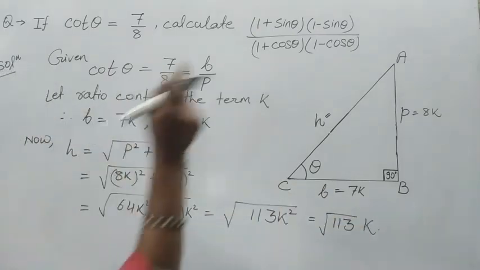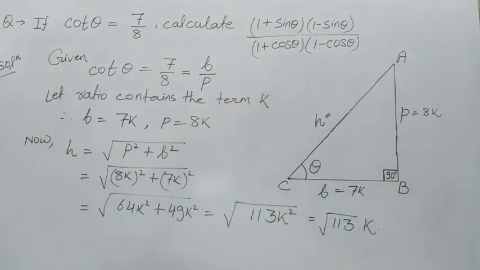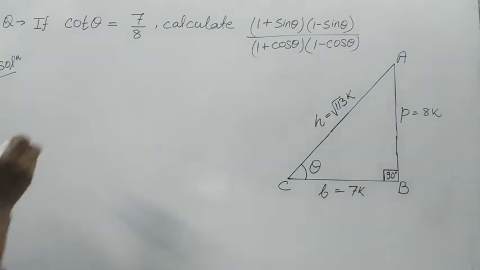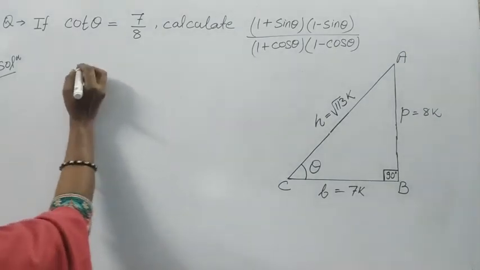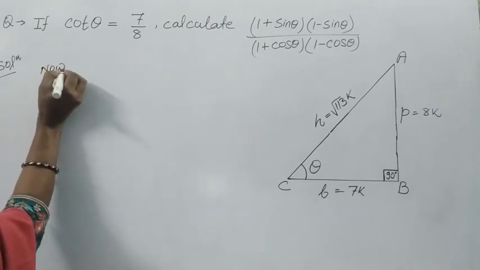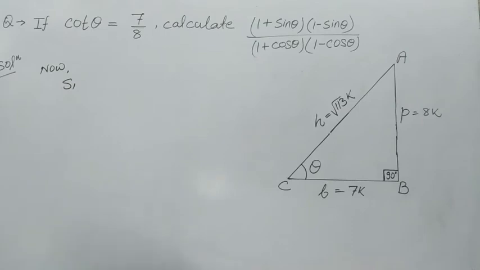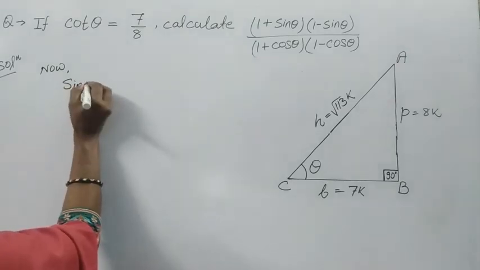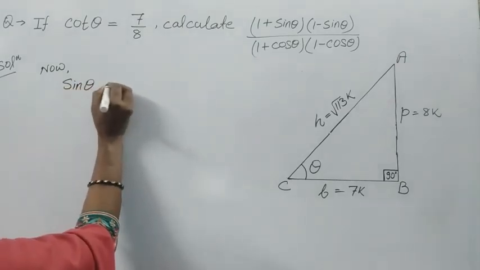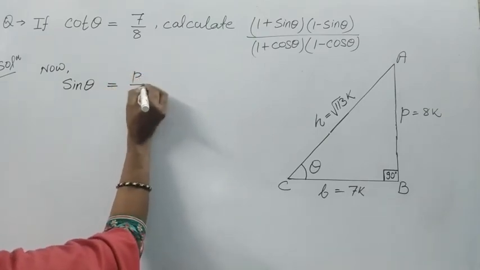Now we find out sin theta and cos theta for the angle theta. Now sin theta is equal to perpendicular by hypotenuse.